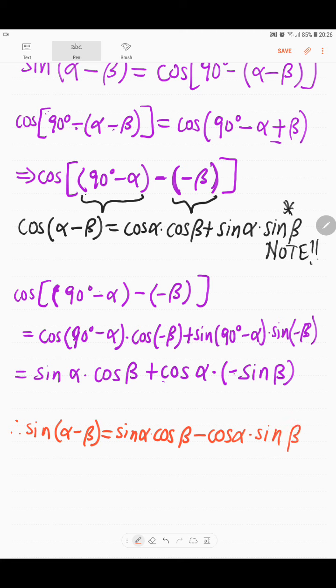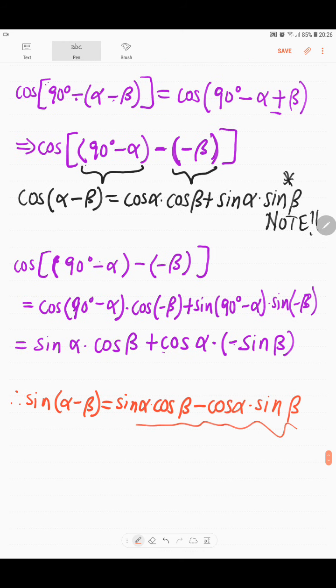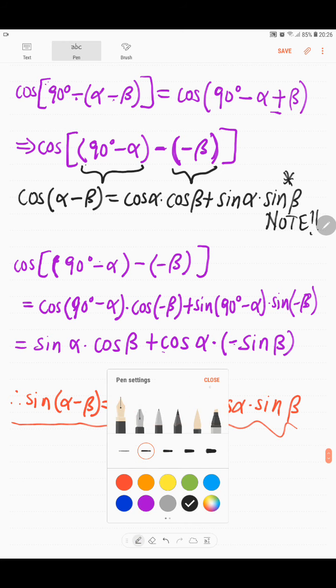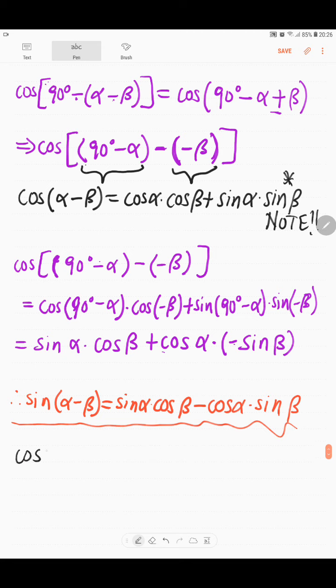Just to recap how all of these look. We have the first one, which is cos alpha minus beta. That looks like this: cos alpha by cos beta plus sine alpha by sine beta.